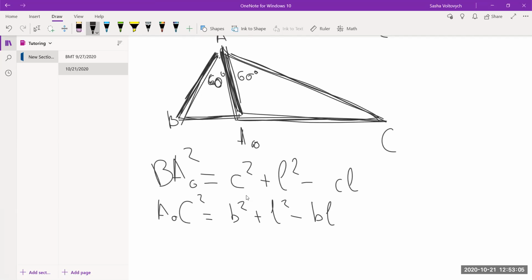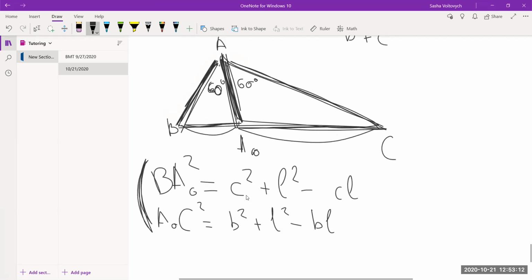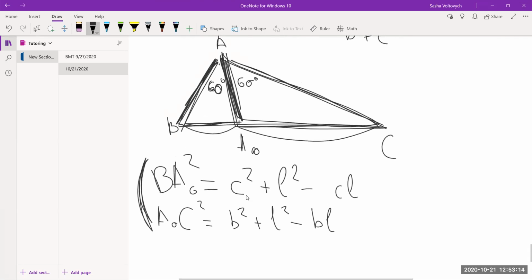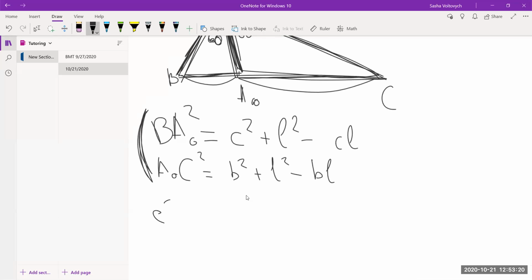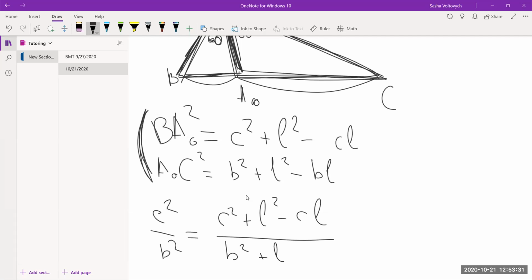Okay. And also we know the ratio of these, because BA0 to A0C is again AB to AC, because AA0 is a bisector. So then C squared over B squared is equal to C squared plus L squared minus CL over B squared plus L squared minus BL.